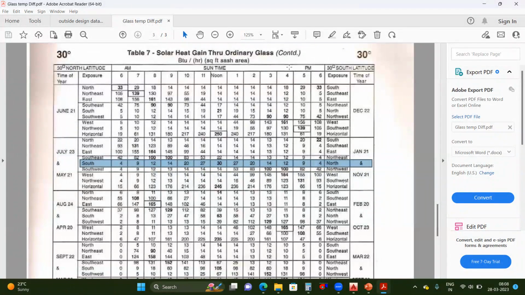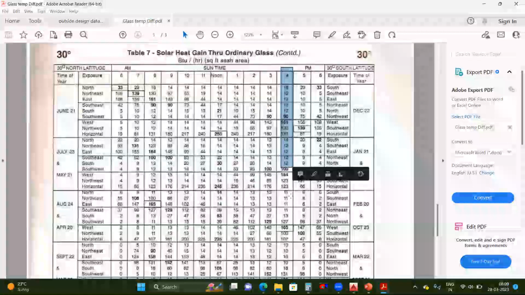As of now I'm taking the 4 p.m. values. This is the south side, and July and May. So for the south side, what is the value for south glass? That is 12.